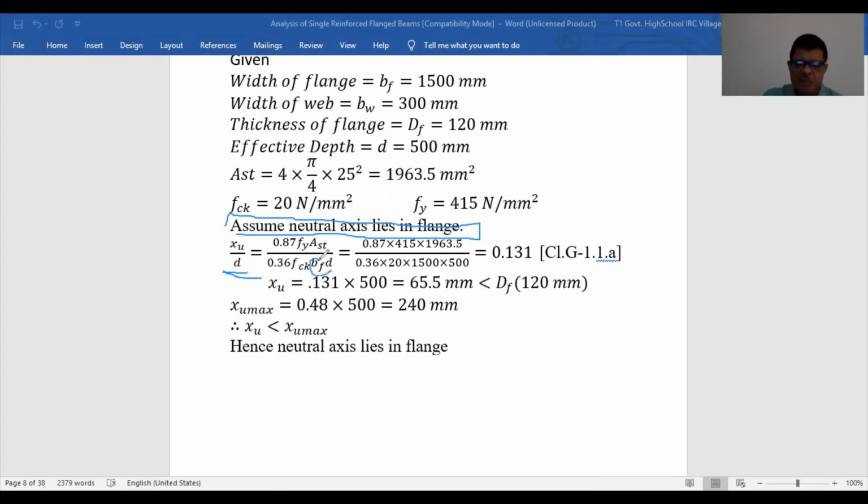You see here, it is not small b, it is bf. You have to take bf. Now xu comes out to be 65.5, and your flange thickness is given as 120. That means xu is less than Df, so your assumption is correct, and xu is also less than xu max. So the neutral axis lies in the flange, and it is an under-reinforced section. What is the moment of resistance? Put the formula for this.